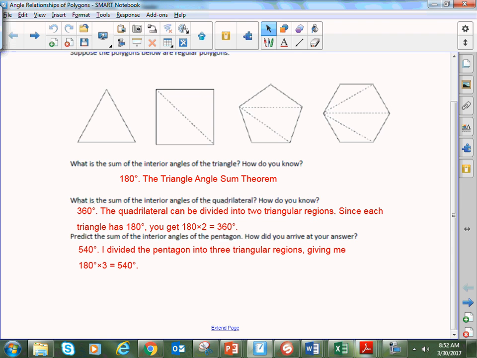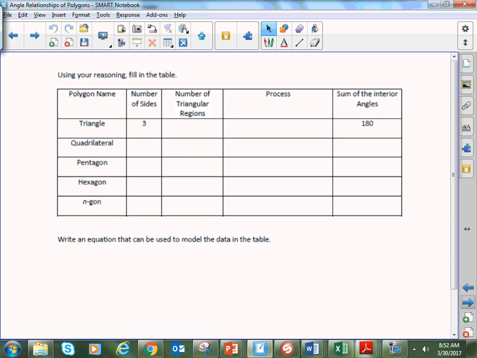So moving on to our table here, filling it in shouldn't have been too challenging, I hope, where you're able to identify the process very quickly by comparing that there are always two fewer triangular regions than there are sides in the figure.